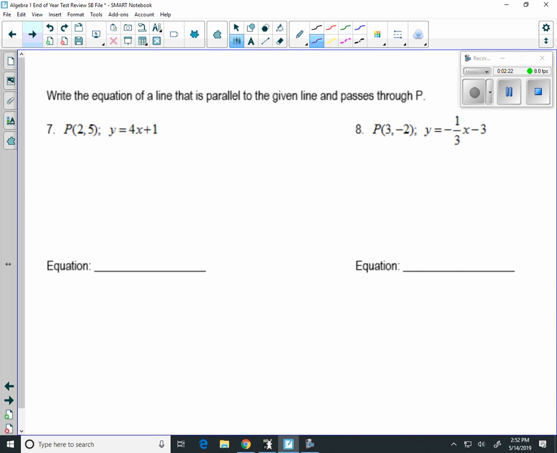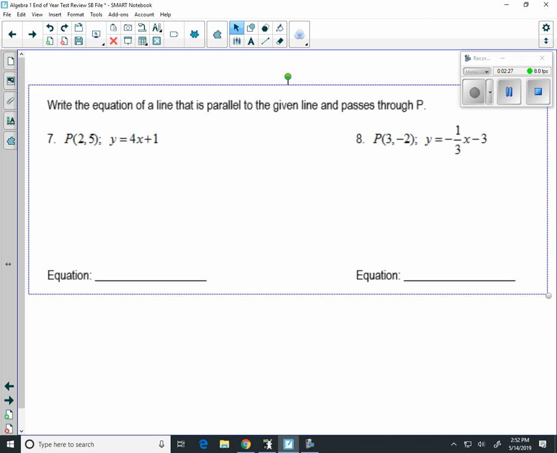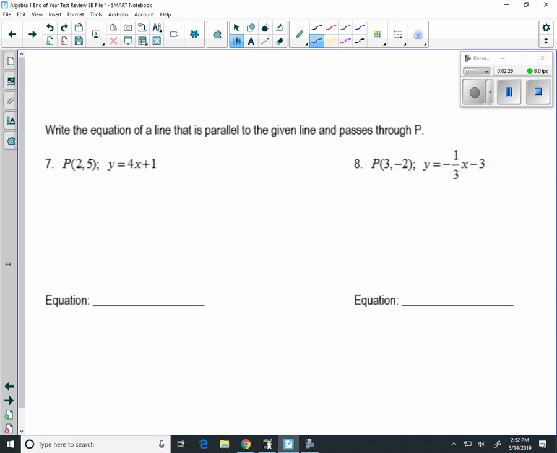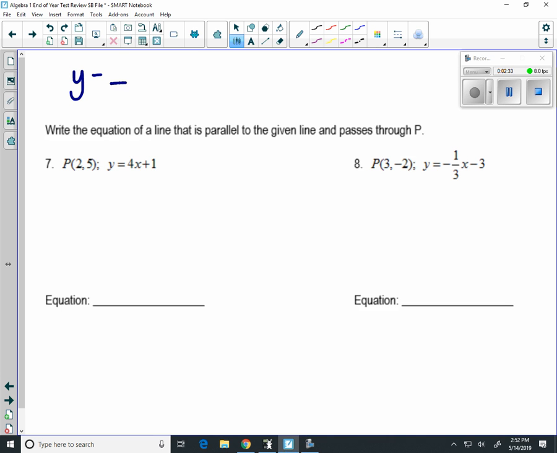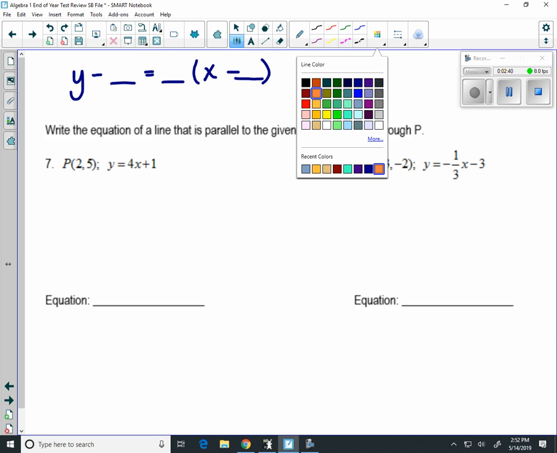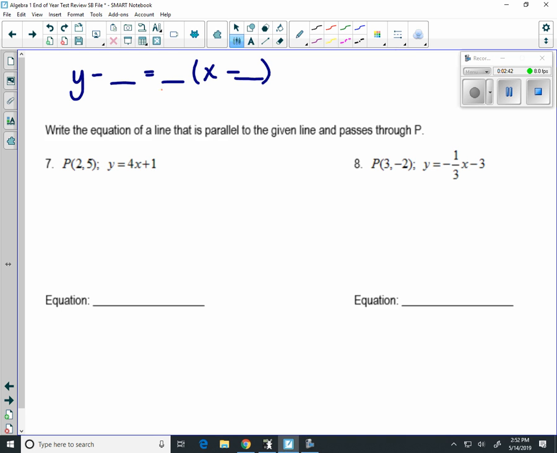All right, next. Write the equation of the line that is parallel and passes through point P. Okay, we need slope, point slope form for this. So when we're using point slope, remember our slope goes in that middle blank.